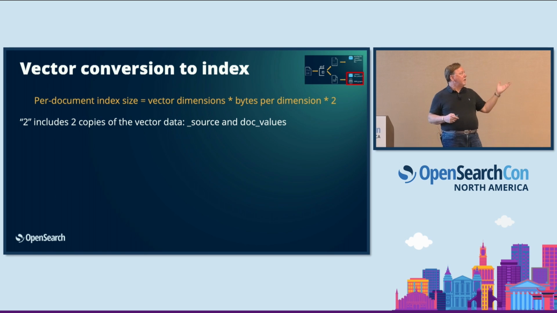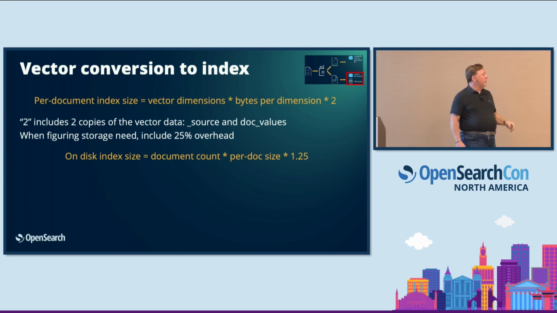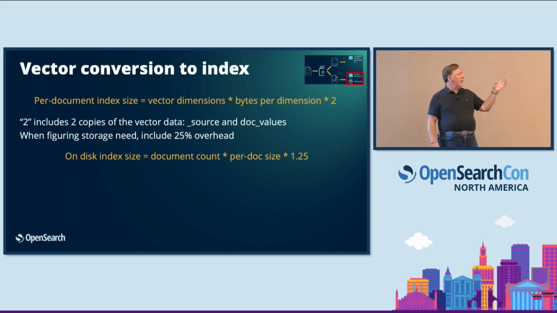Now looking at the vectors, we have the dimensions for the source vectors themselves. We have the dimensions, the number of bytes per dimension, and then we actually need 2 because we're storing it in source and doc values, okay? So we can figure that out: document count times the per document size times 1.25 to leave overhead.